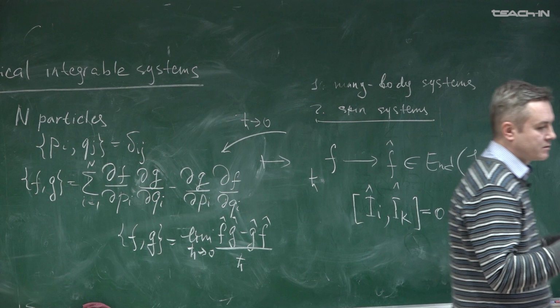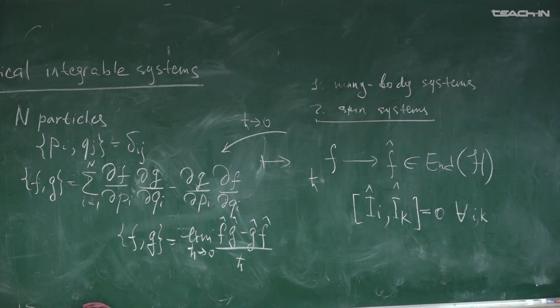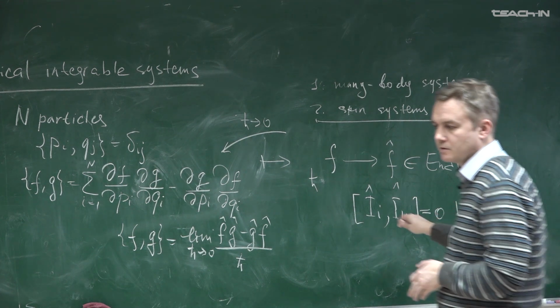And in what follows, we will define some constructions. We will consider, in fact, several constructions, and there are a lot of them, which give you somehow a set of commuting operators. And these operators can be quite complicated.